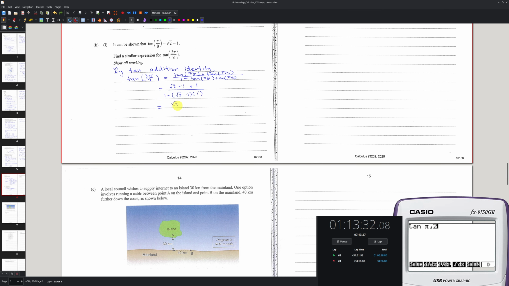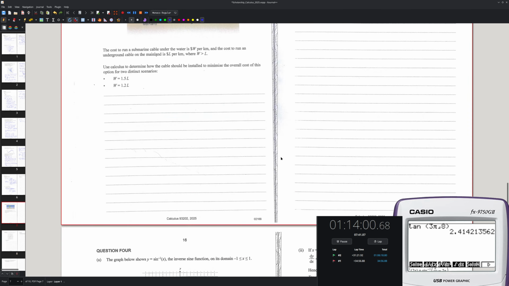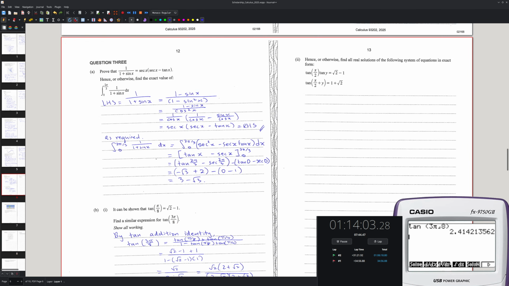Yeah, this is just root 2 over 2 minus root 2. And we rationalize the denominator, we get 2 minus root 2, 2 plus root 2, and so you get root 2 plus 1. I think. Oh man, tan 3 pi on 8. Yeah, that is root 2 plus 1. Okay, good. Oh, we're making good time actually. I don't know how we're doing, but hence or otherwise, fine.